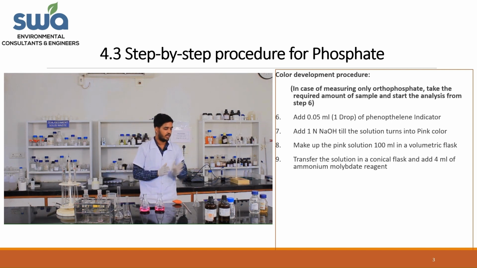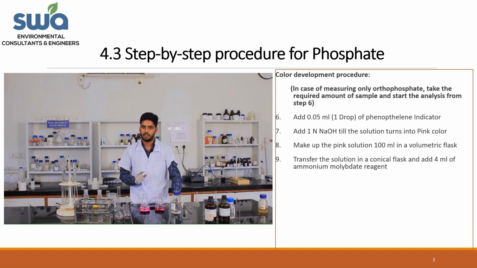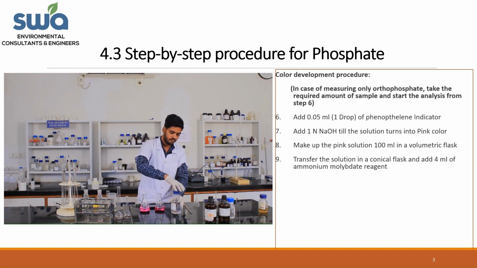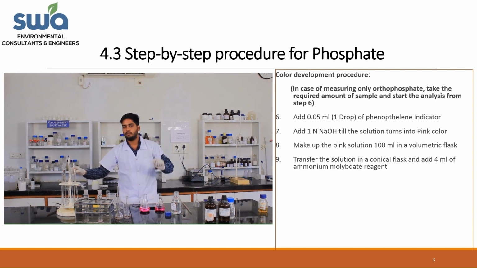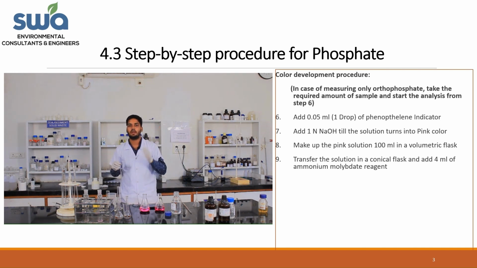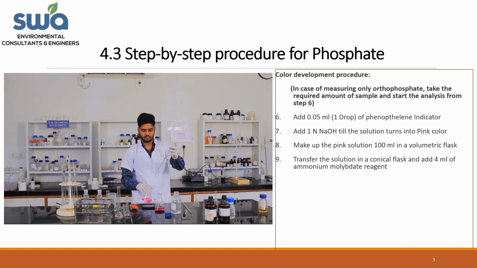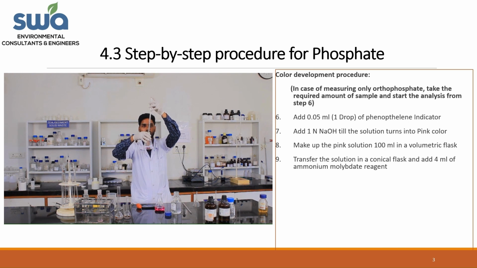In the next step, add 4 ml of molybdate reagent into each sample. With every drop of ammonium molybdate added into the sample, this pink color will disappear. Let's see that. So you can see the color has disappeared.